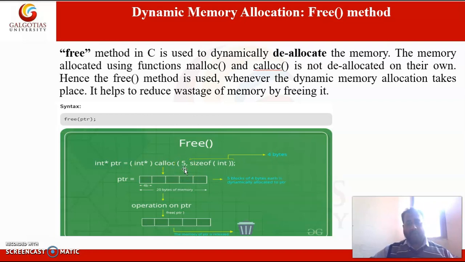How many members are there? 5 members of int type are allocated to the pointer variable using this statement, so a total of 20 bytes will be allocated. After using this allocated space, it is not freed automatically.